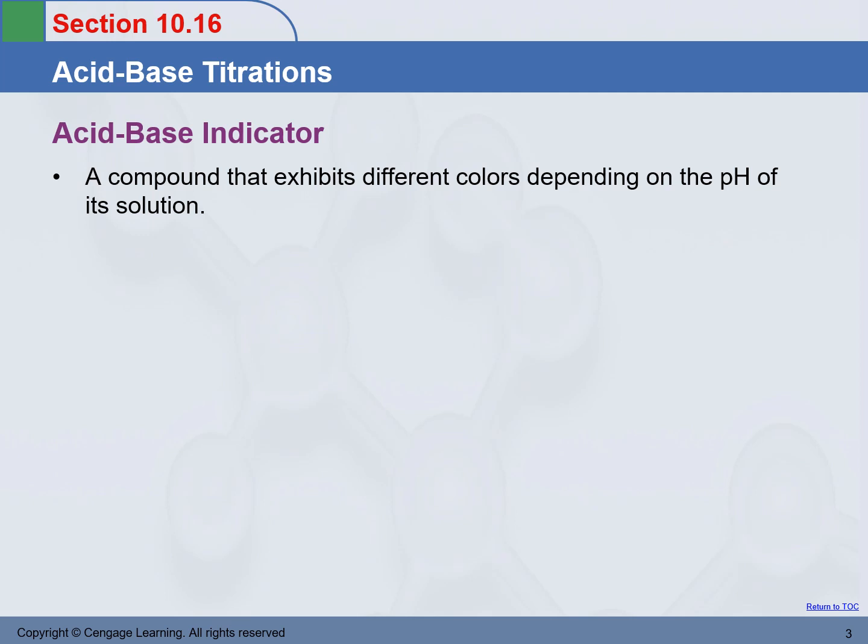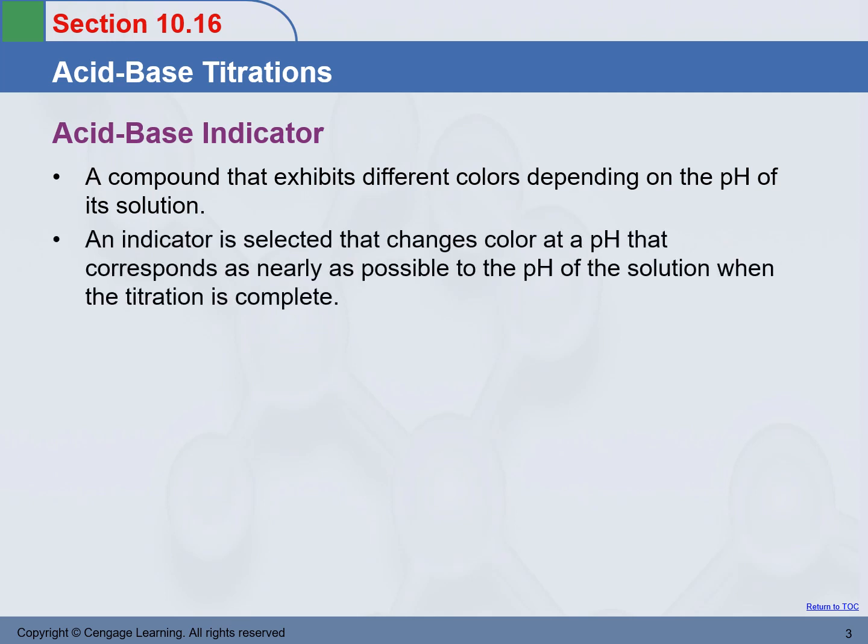When the pH suddenly changes to basic, it turns into another color. So how do we utilize this unique feature? An indicator is selected that changes color at a pH that corresponds as nearly as possible to the pH of the completing point of the titration.